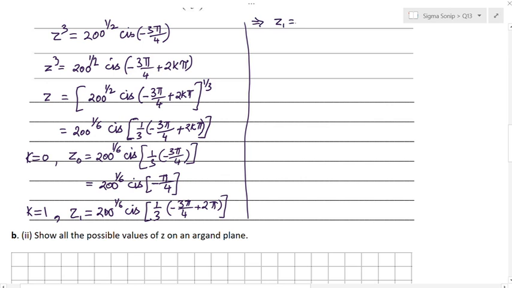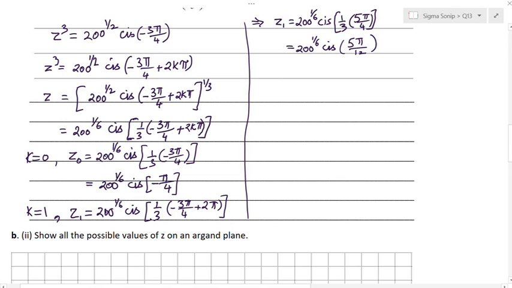z1 equals 200 to the power 1 over 6 cis 1 upon 3 of 2 pi minus 3 pi over 4. So what you get is 8 minus 3, you get 5 pi over 4, and that will be cis 5 pi over 12.